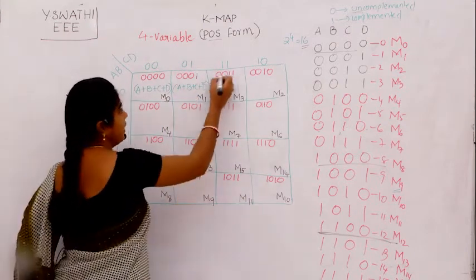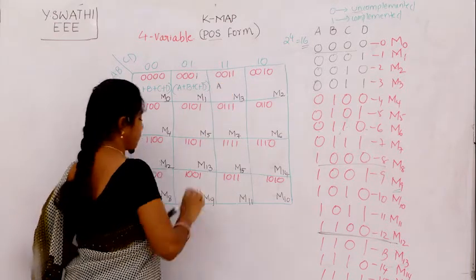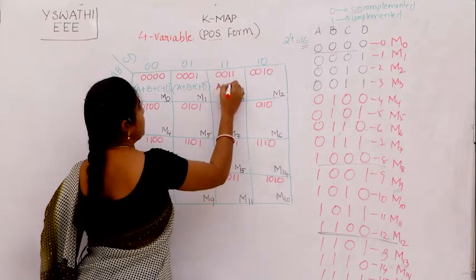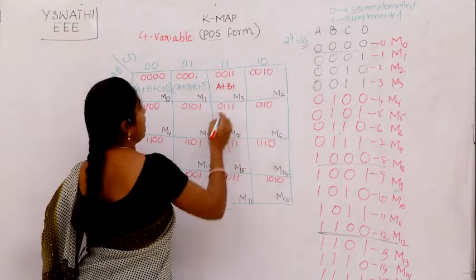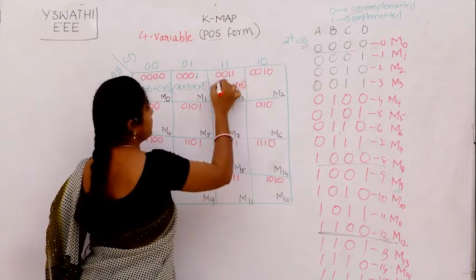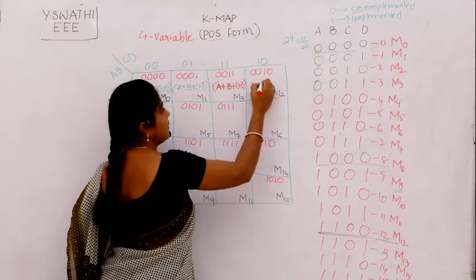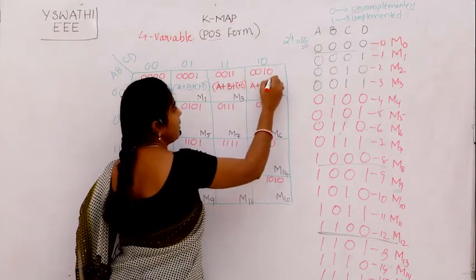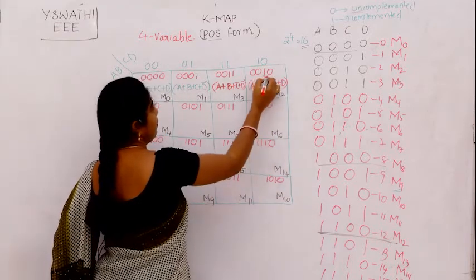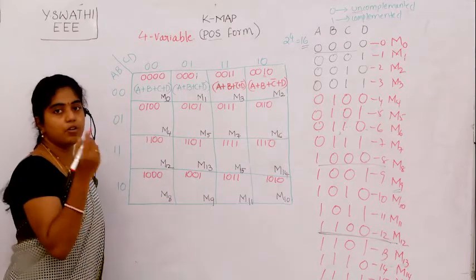In the same way 0011 means A plus B plus C bar plus D bar, since C and D are 1. And 0010 is A plus B plus C bar plus D. The ones are represented as variable complements.